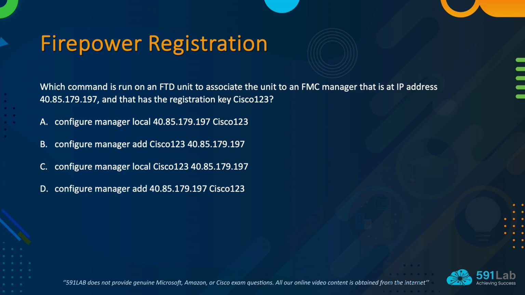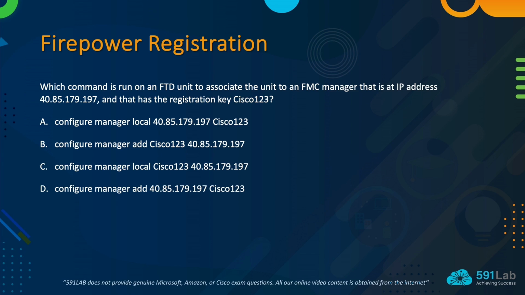So the question is, which command is run on an FTD unit to associate the unit to an FMC manager that is at IP address 40.85.179.197 and that has the registration key Cisco 123.